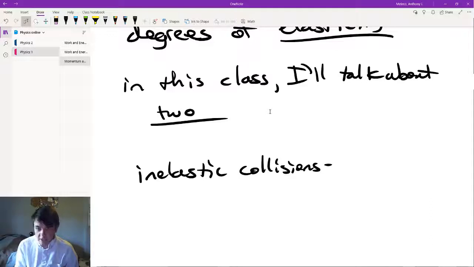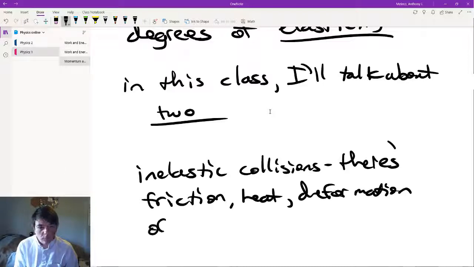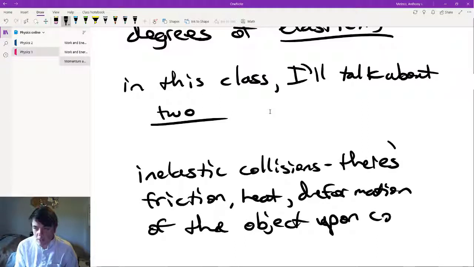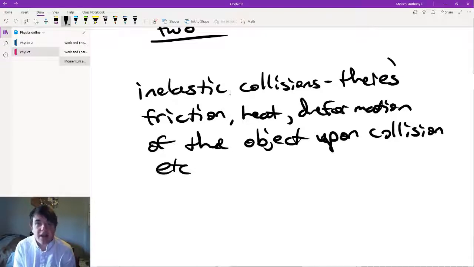Which I'm defining as collisions that take place that have friction, heat, deformation of the object upon collision, etc. Okay, so there's some loss there, okay, is an inelastic collision.